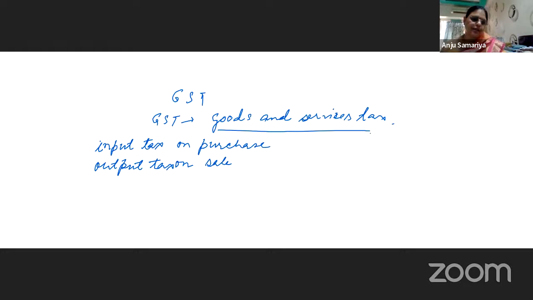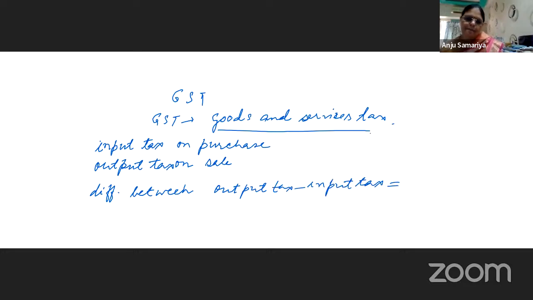The difference between output tax minus input tax is equal to the tax to the government.